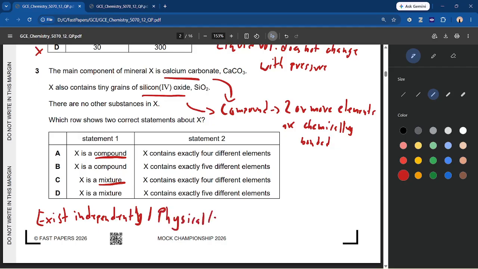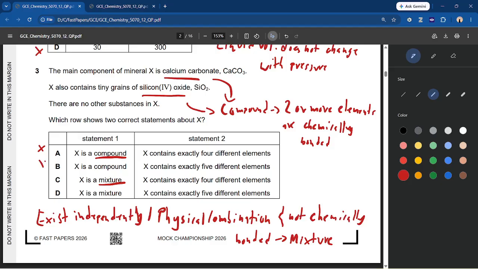Because it's a physical combination and not chemically bonded, this is a mixture. So immediately we can cut off A and B.